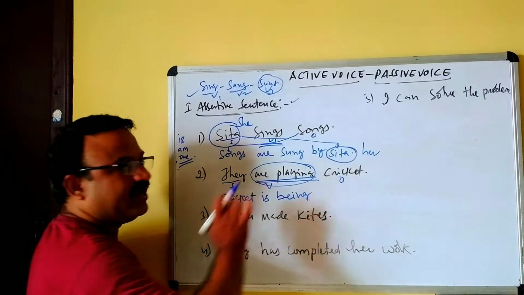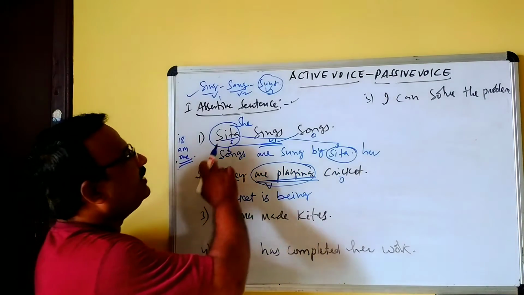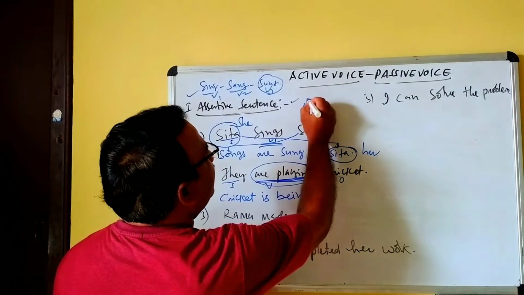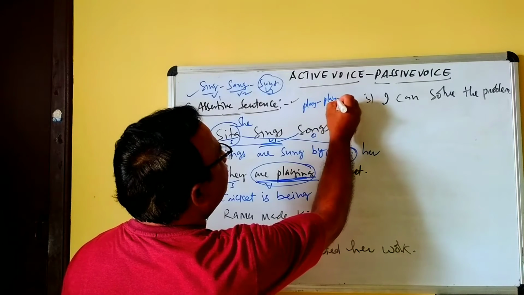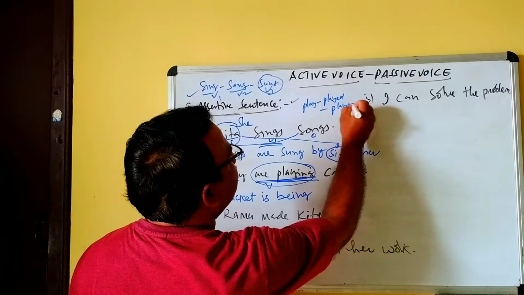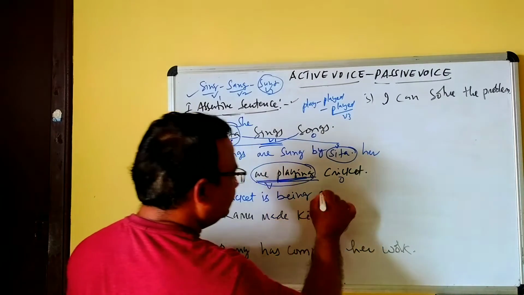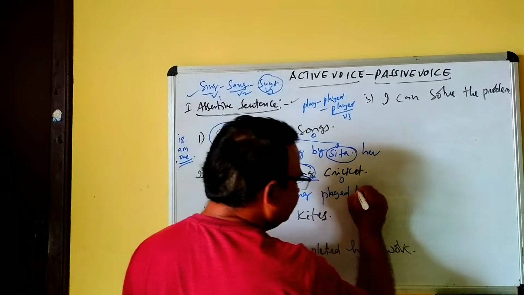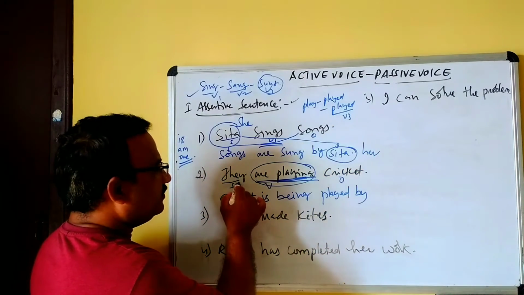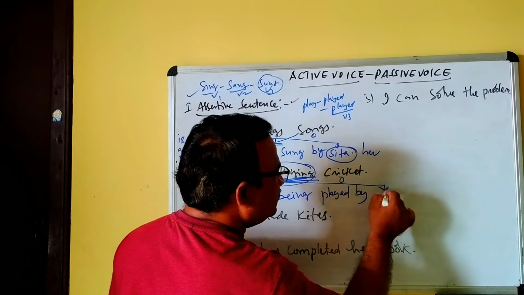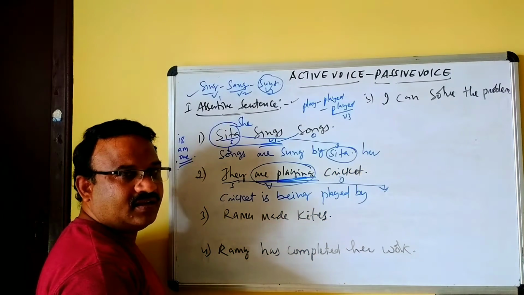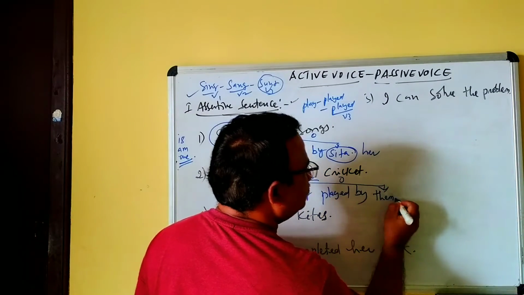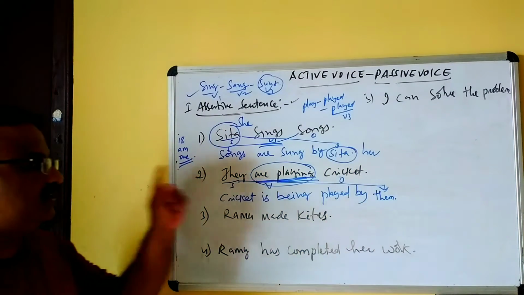So, cricket is being. And here, past participle. Play, played, played. So V3, played. Next preposition by. The subject of the active voice will become object of the passive voice. So they will become them. Already I mentioned in the rules.